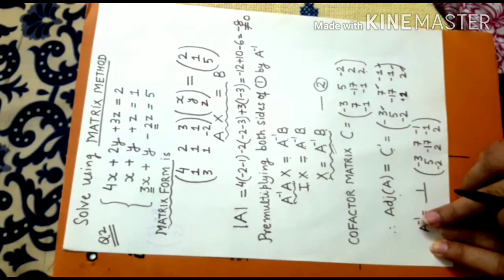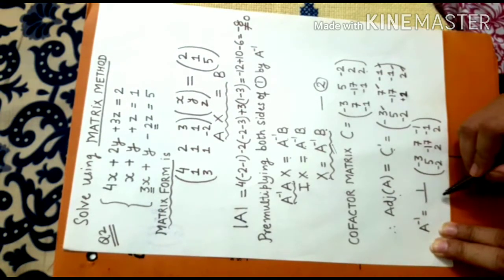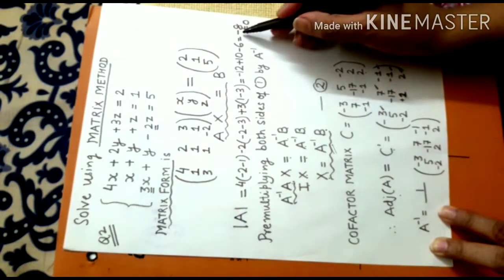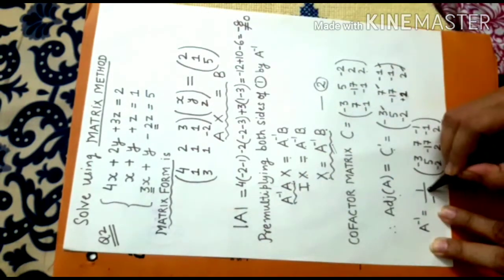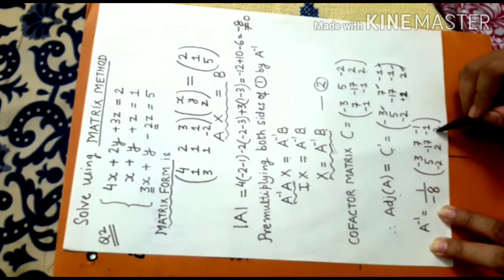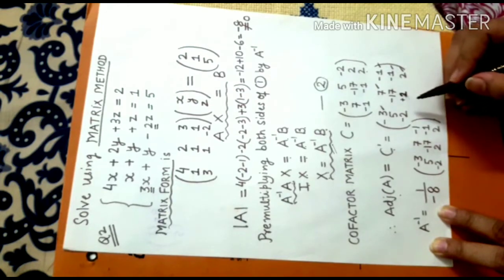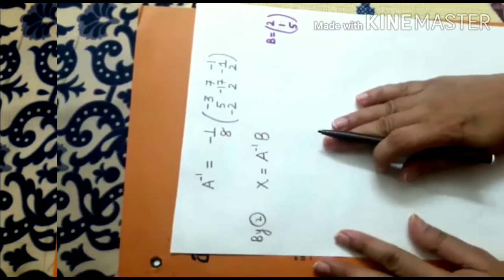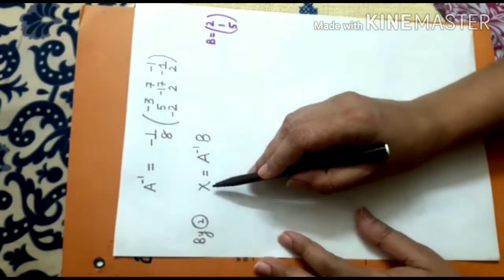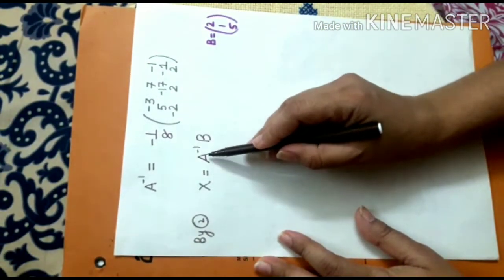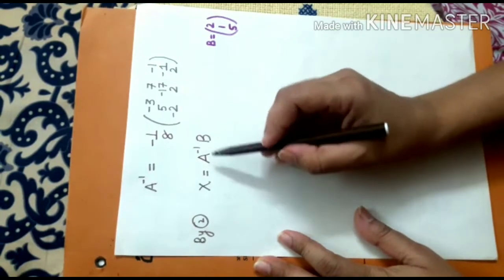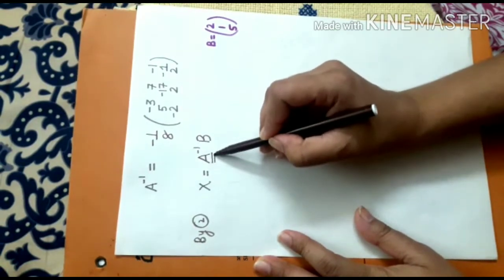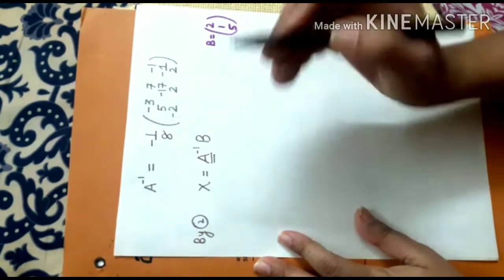So A inverse will be 1 over determinant A, and determinant of A is -8 into adjoint of this matrix. So here we have obtained the inverse of the matrix A. So matrix X was equal to A inverse B. So put the value of A inverse here, which is equal to this.